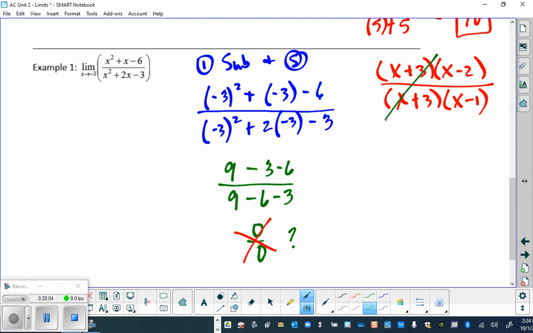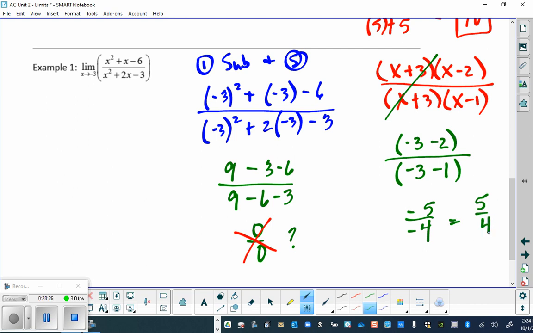Because once I get rid of that, I'm in a better situation. Because when I plug in, I have -3 minus 2 over -3 minus 1. So when I go to simplify that value, that looks like -5 over -4. So I can say that that limit, as x approaches -3, is 5/4.